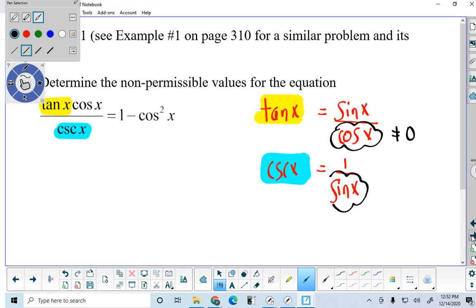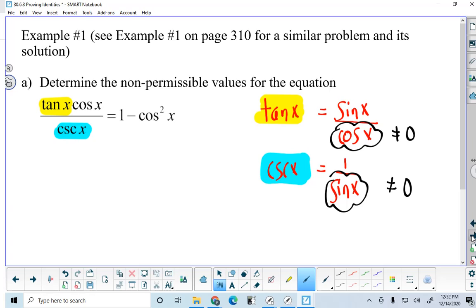This thing is not allowed to be 0. And I want to pause there and see if anybody has any questions as to why cos of x is not allowed to be 0 and sine of x is not allowed to be 0. All right, there is one more thing that is not allowed to be 0 here. And I want you to take a look at the original equation and see if you can figure out what the third denominator is that's not allowed to be 0.